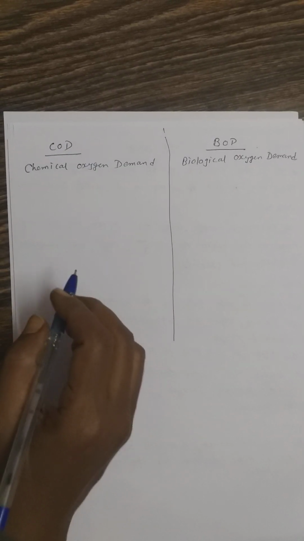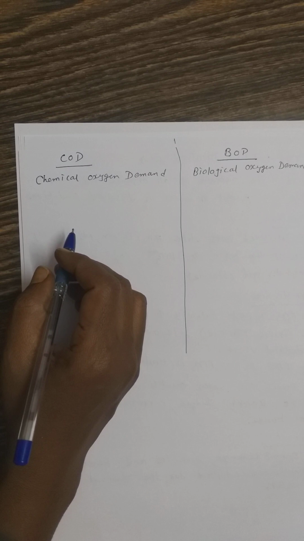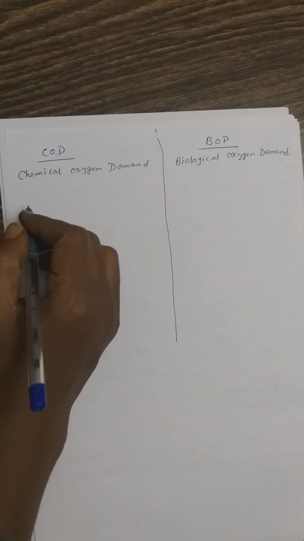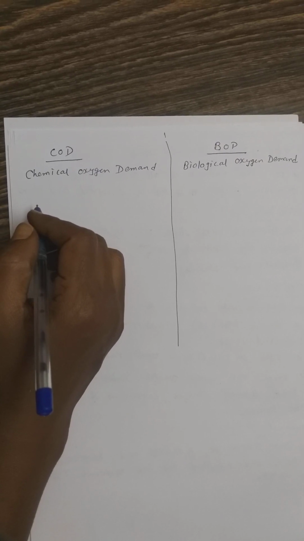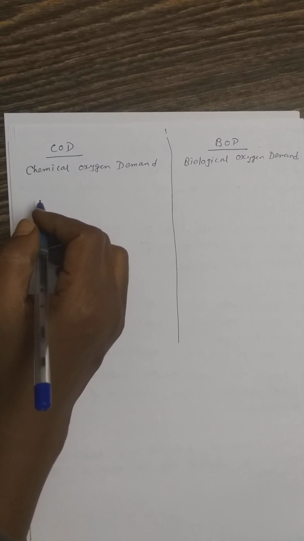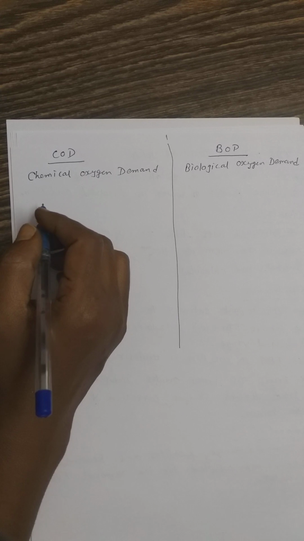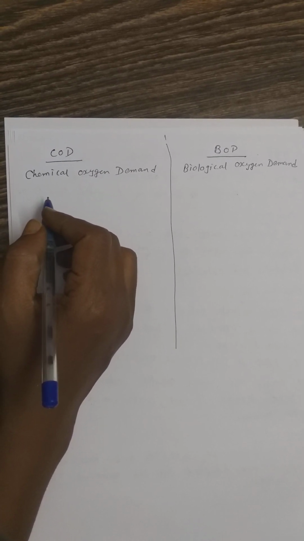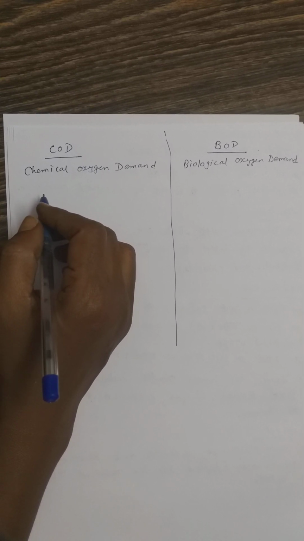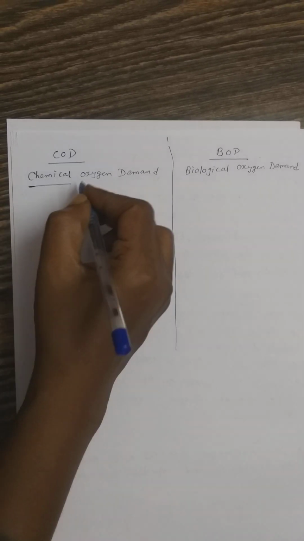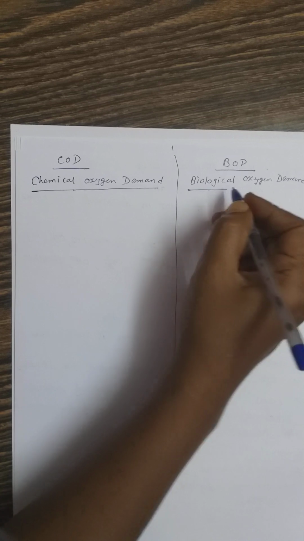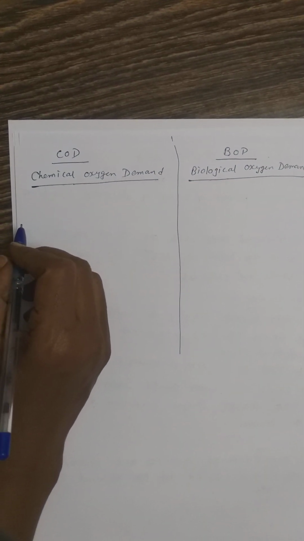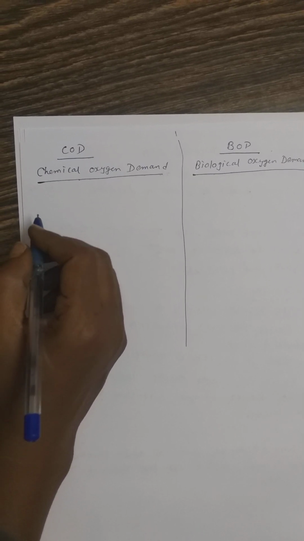Aquatic organisms in water inhale oxygen for survival, and other than that, oxygen in water is used for decomposing organic impurities and some inorganic impurities. So oxygen is used for oxidizing the undesirable impurities present in water. The measure of oxygen level for oxidizing impurity is called oxygen demand.